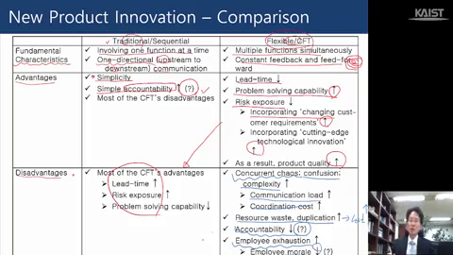I'm not sure whether this is an actual cost or results from failure to manage this new cross-functional team approach effectively, because then you can have this kind of consequences.